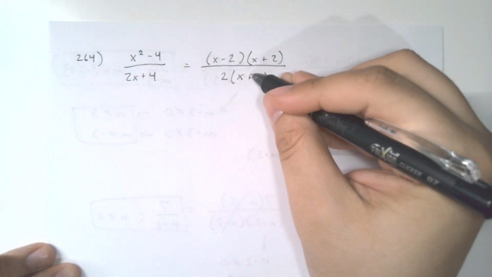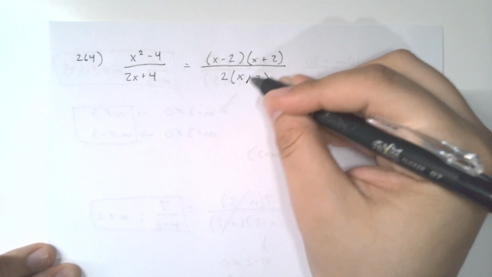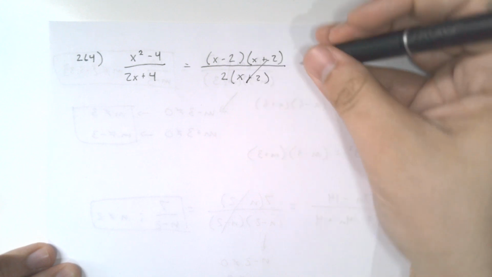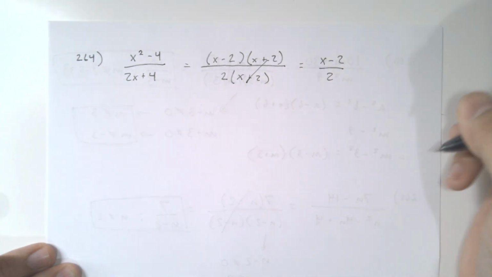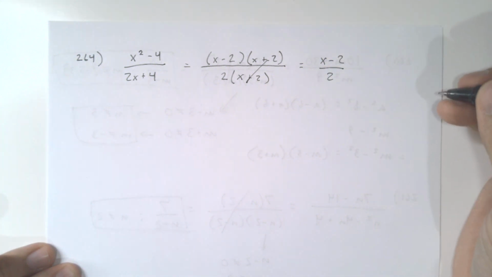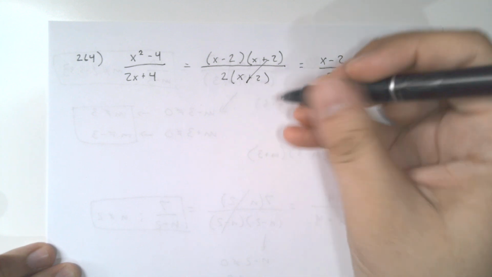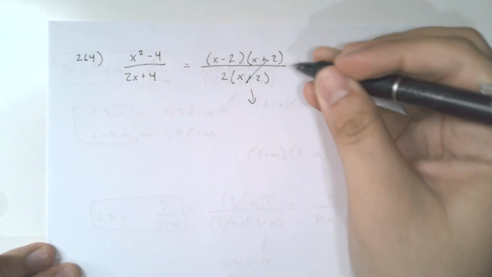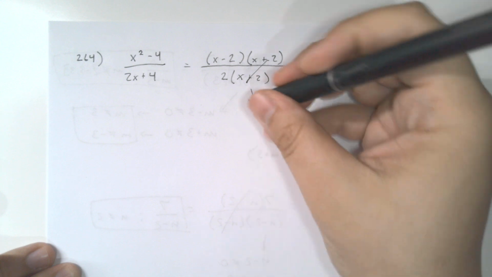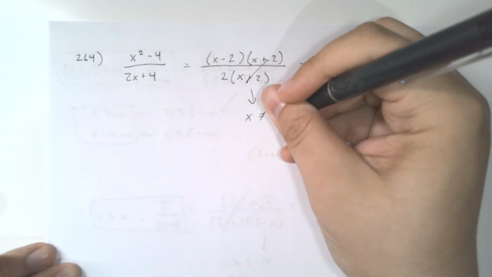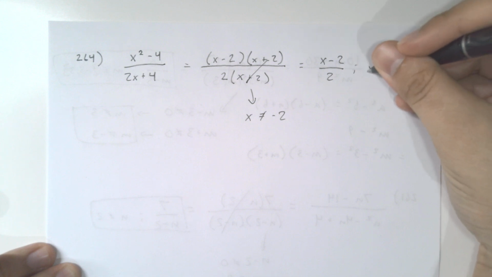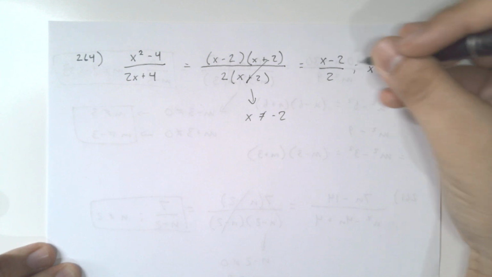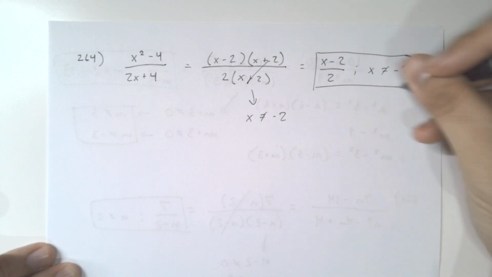And so this is now factored, and we have these common factors of x plus 2, so those cancel. Now all we have is x minus 2 divided by 2. And so, excluded values, this was a plus 2, and x cannot be equal to negative 2. And so this is our only excluded value. And so this is our final answer.